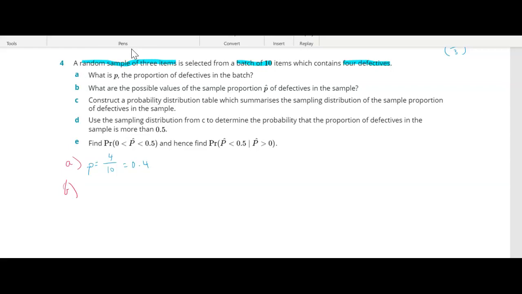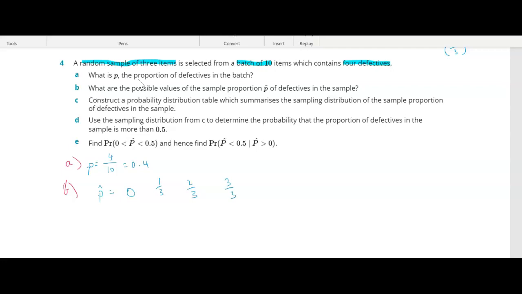What are the possible values of the sample proportion of defectives in the sample? So we can have, what can we have? 0, 1, 2, 3, or 4. Actually, no, we're only getting a sample of 3. So we can have 0, 1 out of 3, 2 out of 3, or 3 out of 3.